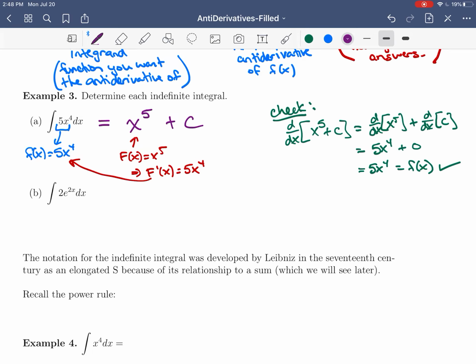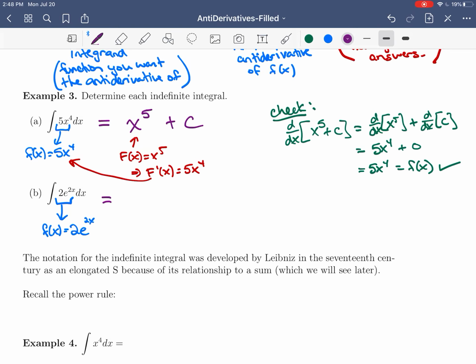Okay, slightly harder one. So my little f of x is 2e to the 2x. So I want to know a function that has derivative 2e to the 2x. Now, if we remember our derivatives of our exponential functions, we know that if I have the derivative of e to the x, I get e to the x.